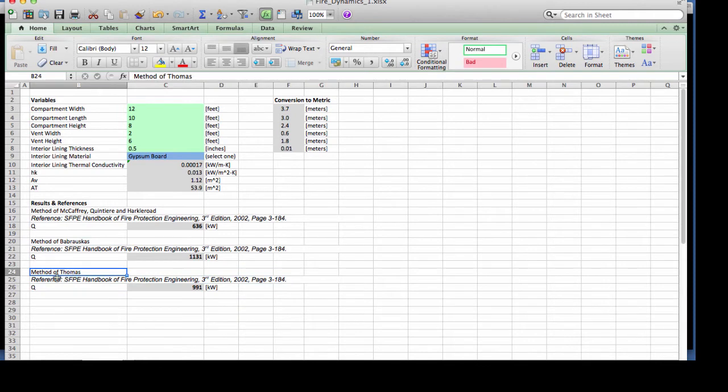And you see, I've provided all the references here. When I put these in here, I'm going to upload those references to a folder on the course website, so you'll be able to go and poke through those if you want to see why you might use one calculation over another. I also put this here to show you, as you're doing calculations for your homework assignments, as you're doing origin and cause reports for work down the road, it's really going to benefit you to provide references to all your calculations.